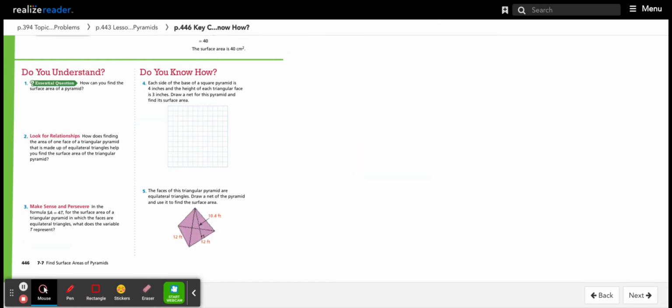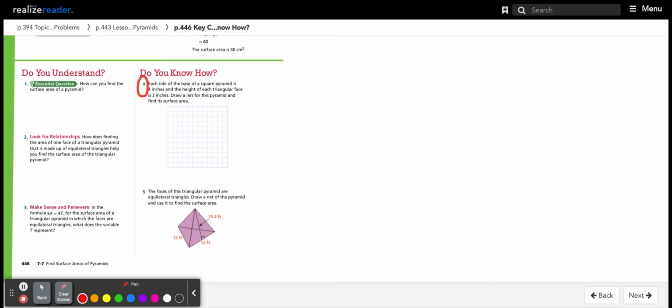Okay, we're going to try one more. We're going to try number 4 here. So it says each side, and you can sketch this in your notebook, each side of the base of a square pyramid is 4 inches. So I'm going to start by making my square, and I will have 4 and 4, right? All the sides are 4.